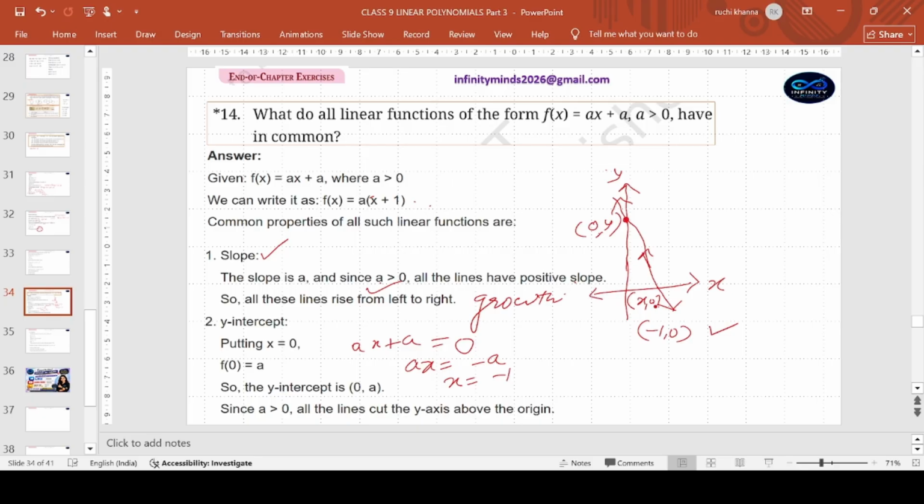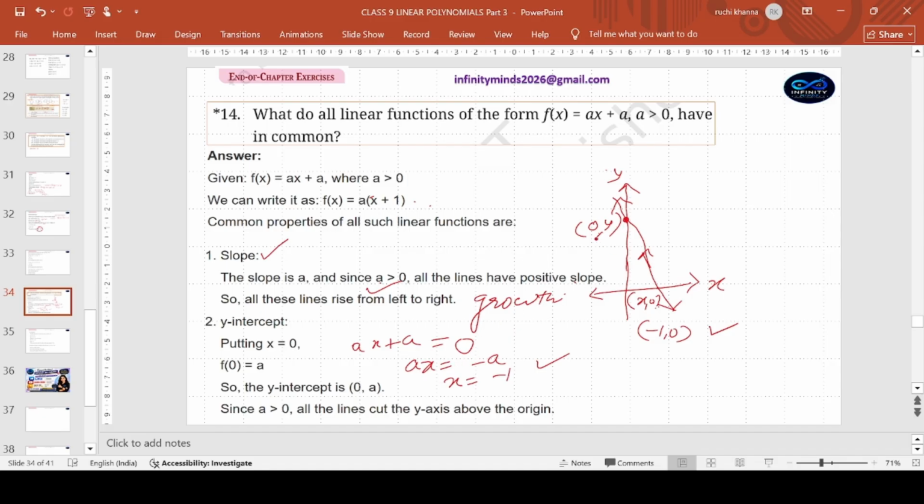So putting y as 0 means the value of the function is 0, and that gives you the exact value of -1. That means the graph will surely pass through (-1, 0) for all graphs of the type ax + a. See, it's a graph having slope equal to the y-intercept, and it contains a y-intercept.